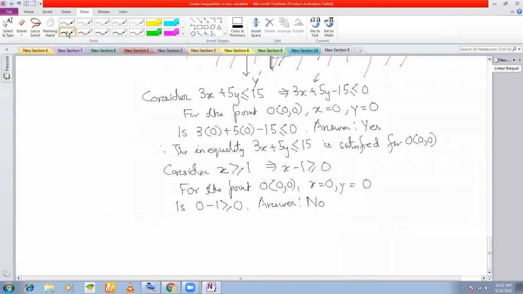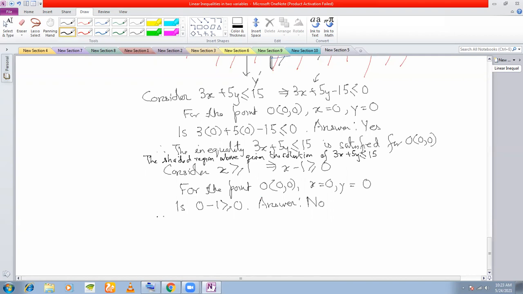So what you will write here is, the shaded region above gives the solution of 3x plus 5y less than or equal to 15.